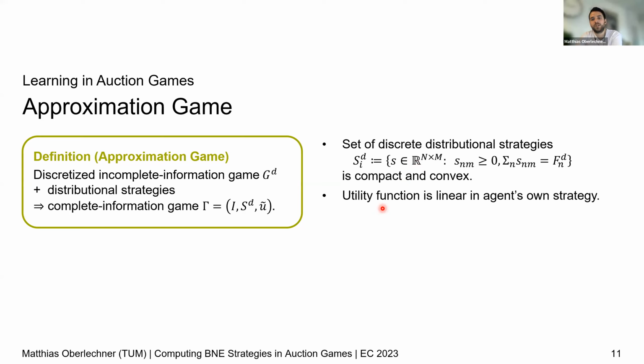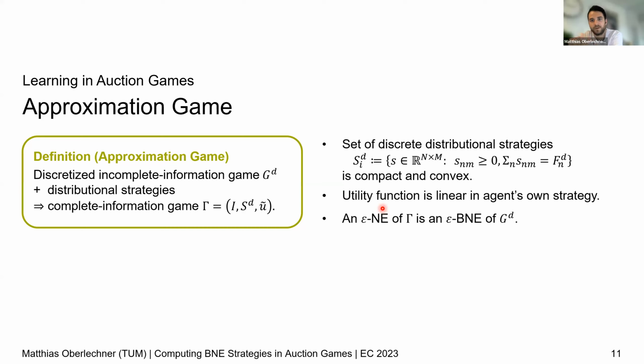And it's important to observe that this utility function is linear in the agent's own strategy. So we have a very well-behaved complete information game, our approximation game. And it's also easy to see that if we have a Nash equilibrium in the approximation game, we automatically have a Bayes-Nash equilibrium in discrete distributional strategies in the discretized auction game.